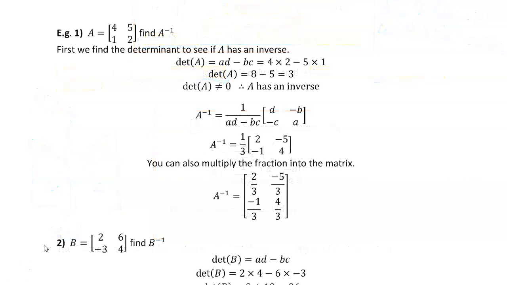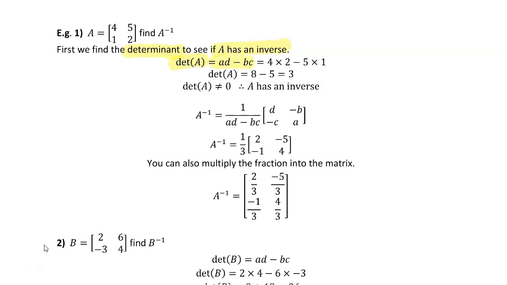Let's go through some of the worked examples I've got here. So I've got matrix A equals to 4, 5, 1, 2. Find the inverse of A. First off, we look to see what the determinant is. We've got to check that determinant to see if A's got an inverse before we start doing all of that. So that determinant A is equal to AD minus BC.